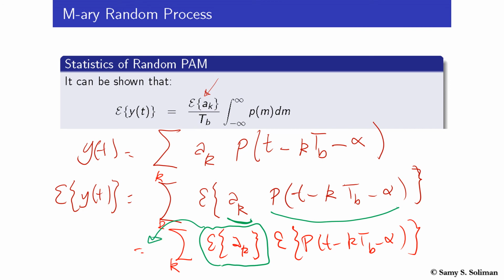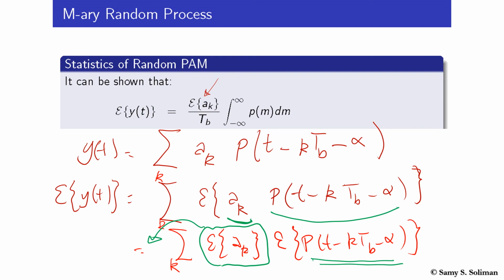Then we are left with the expected value of the pulse, taken as a summation over k. Of course, this expectation is again independent of k, since all the pulses are similar.